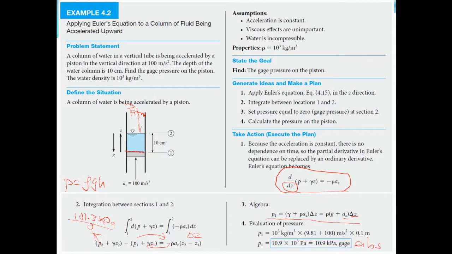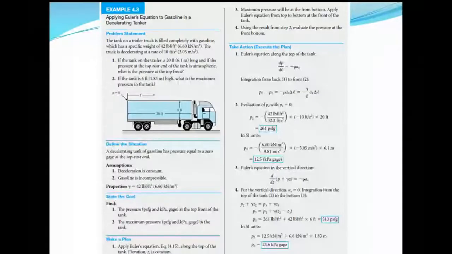Or you set the atmospheric pressure to be 0, find the gauge pressure, and then you add, because P gauge plus atmospheric is equal to the absolute pressure. So you add the gauge pressure, 10.9, plus atmospheric pressure to give you absolute pressure. This is very simple. We dealt with it in chapter 2.